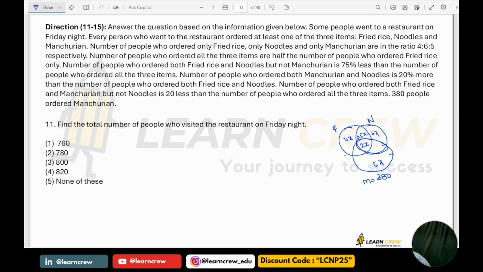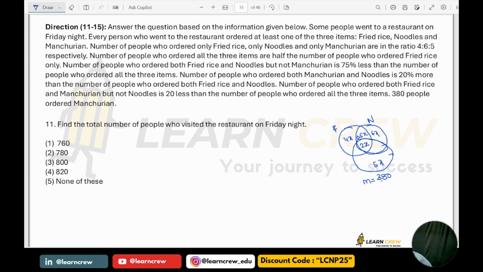The number of people who ordered both fried rice and Manchurian but not noodles is 20 less than the number of people who ordered all the three items.